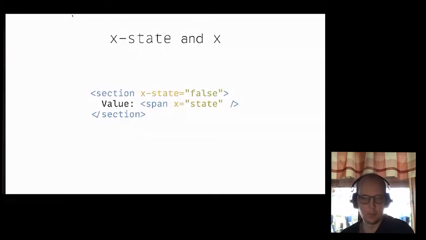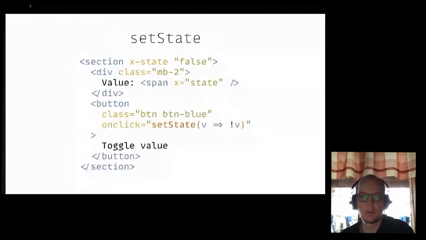Of course, you don't go very far with that. Here x-state is false, we display the value, and then we change the value with set-state. When you click this button, I take the false and invert it so it becomes true, and then we show the new state.